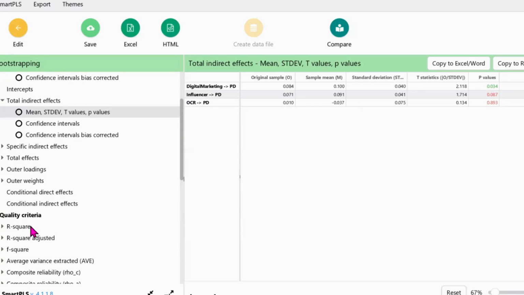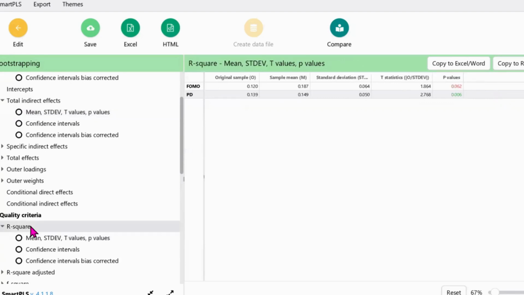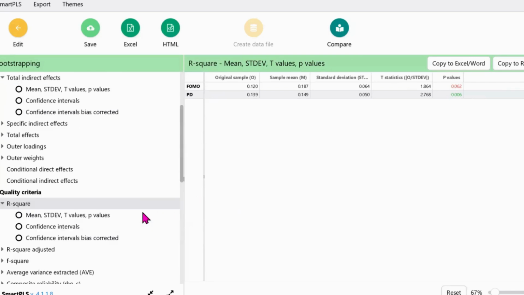Finally, I look at the R-square value. FOMO has an R-square value of 0.120. This means that digital marketing, influencer, and OCR collectively explain approximately 12% of the variance in FOMO.